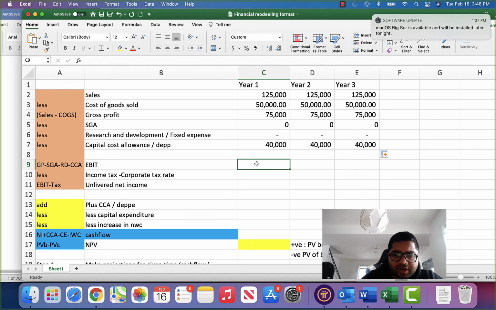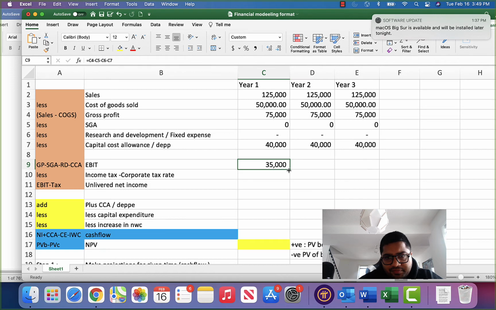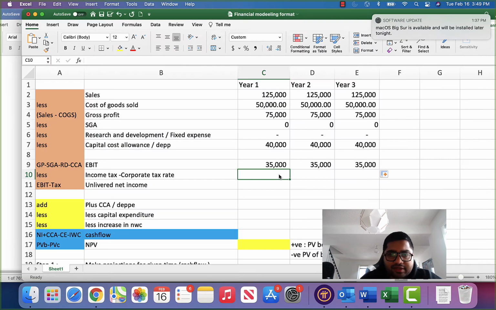So you can compute EBIT. EBIT will be gross profit minus SGA minus fixed cost minus depreciation. Okay, income tax is 35%.